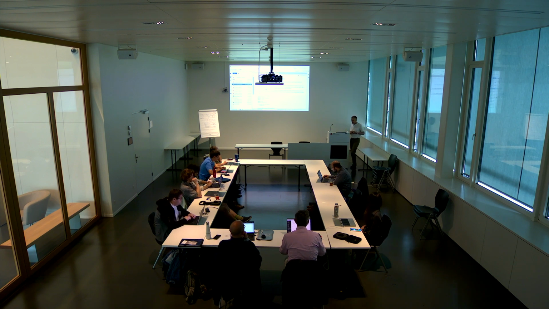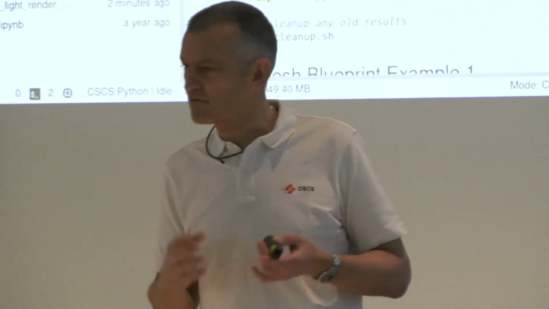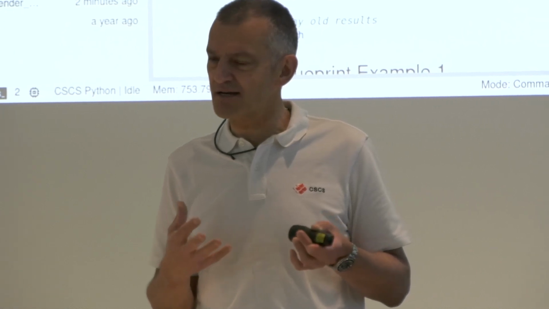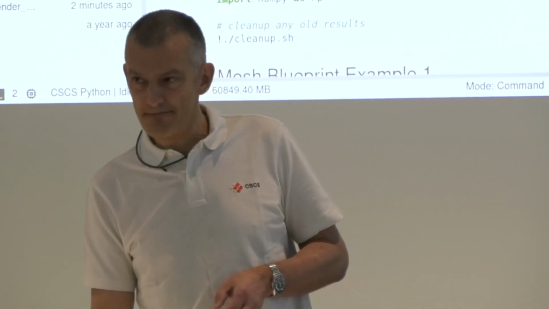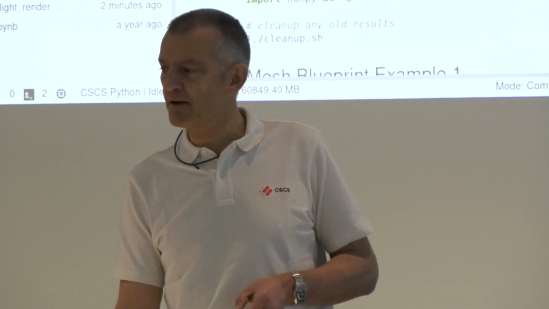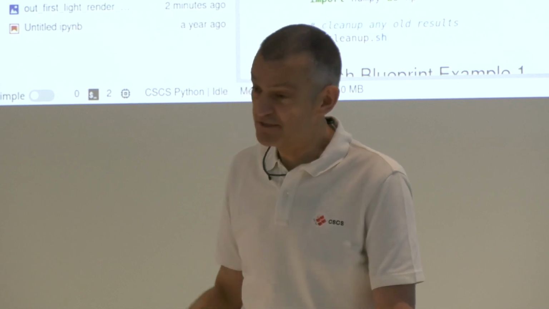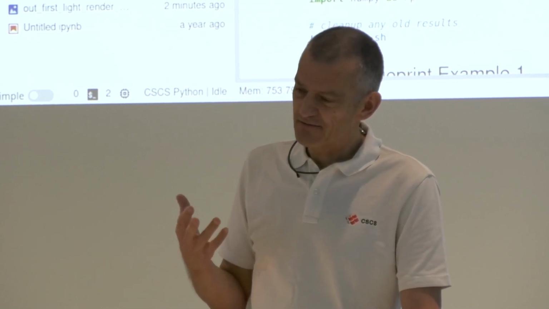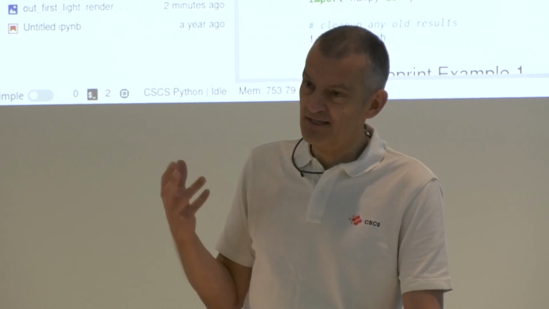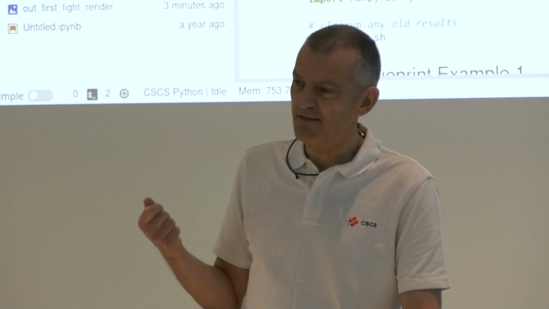By the way, I haven't really said how Ascent does its rendering. Ascent uses VTK-m. VTK-m is a C++ library which derives from the VTK C++ visualization toolkit library.